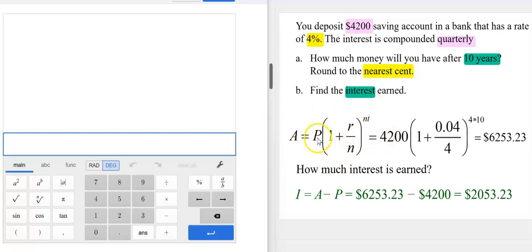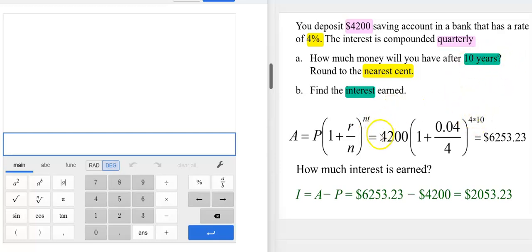Let's substitute the values: P is 4,200, which is the principal, and 1 plus R, which is 0.04 because 4% as a decimal is 0.04, divided by n. This n comes from quarterly, so n equals 4. The exponent is 4 times 10, because n is 4 and t is 10 years.